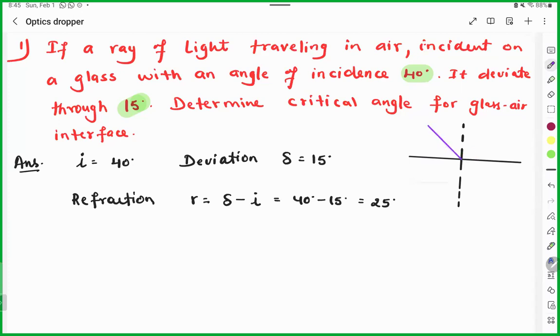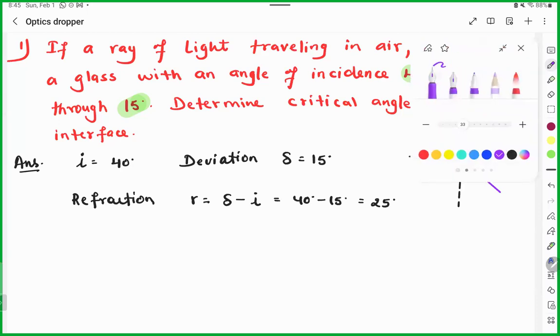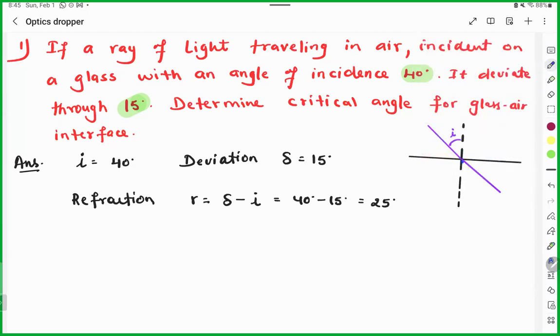This is incident, this should go straight. So this is angle of incidence. For example, if light bends like this, this is a refraction, correct? And what is the deviation? In this case, this one.